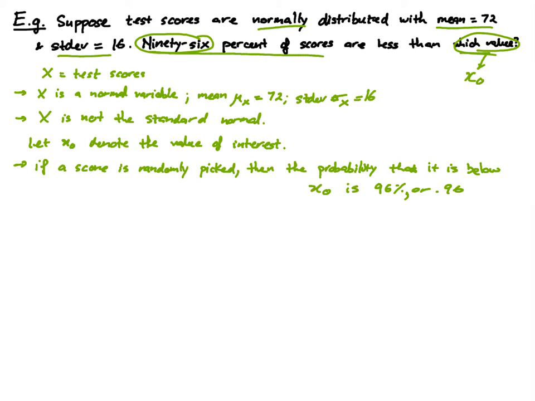Now translating this into probability, this means that the probability that X test score is less than or equal to X sub 0 is 0.96.